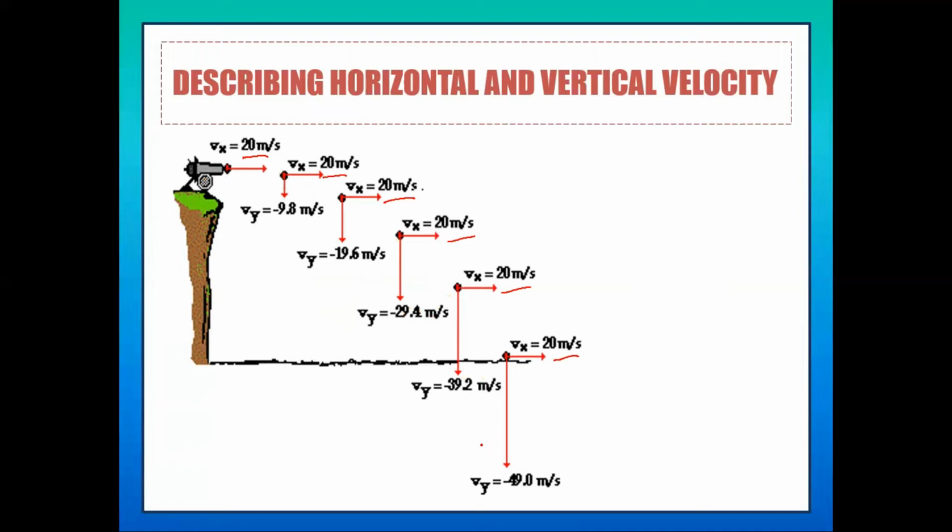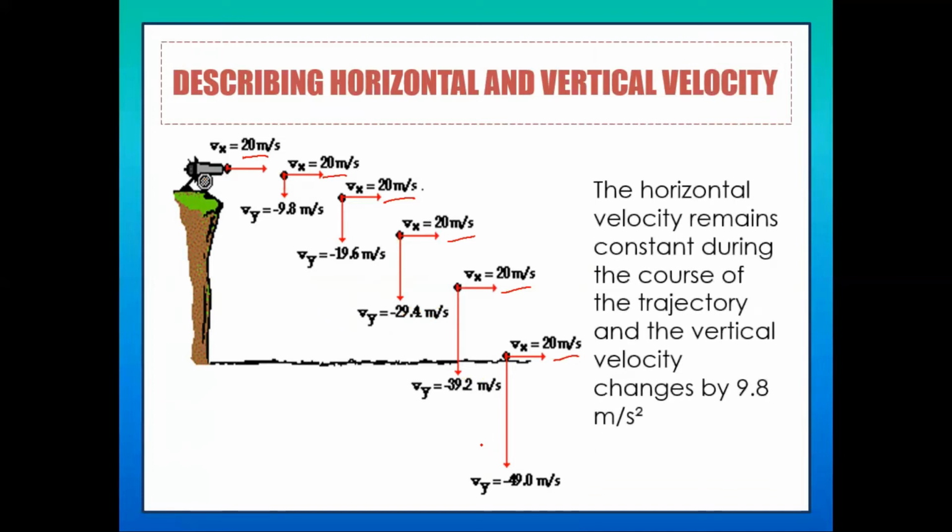Okay? So in this case, we have to look at the horizontal motion and the vertical motion. So the horizontal velocity remains constant during the course of the trajectory, and the vertical velocity changes by 9.8 meters per second squared. That is the effect of gravity on the motion of the object.